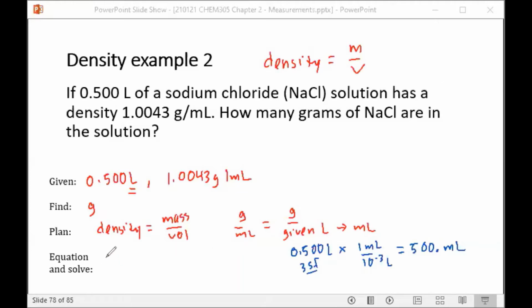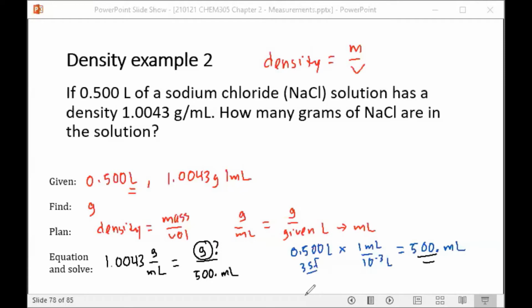So our density is 1.0043 grams per milliliter equals the grams that we're trying to solve for divided by 500 milliliters, which we just found here was the volume of our solution. So now we have an equation set up where we have an unknown, grams is what we want to solve for.